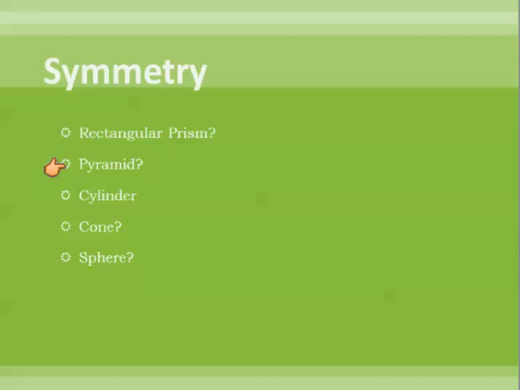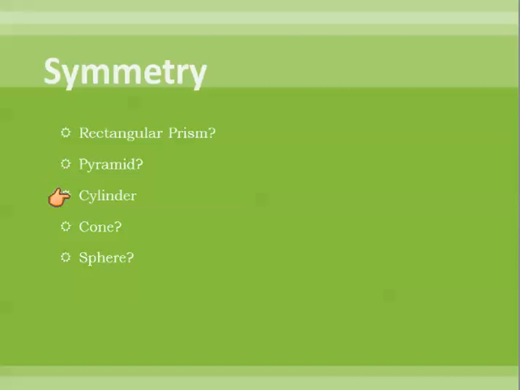Base doesn't have symmetry, it's going to be difficult to find something that you could slice it in half with. But one of the things you might look at there is if you go through the vertex and then go through the corners of the base, you might wind up with two pyramids that would be very, very similar in shape and would have symmetry then. Okay? But it's one of those things you got to be careful with.